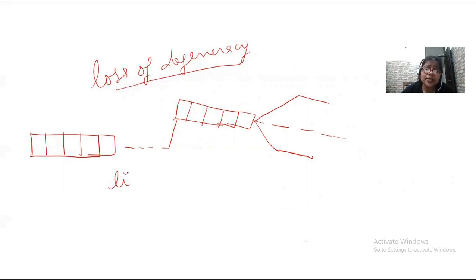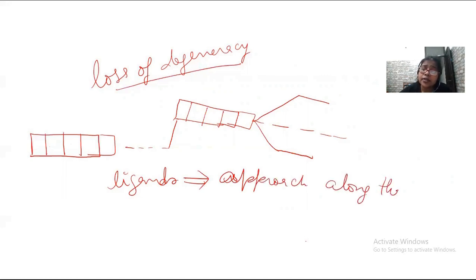Now, the ligands have a tendency to approach along the axis. So which are those orbitals which will interact more with ligands? Obviously, the ones which lie along the axis, that is my dx square minus y square and dz square.